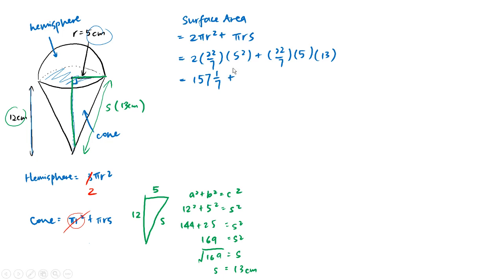Okay, and 22 over 7 times 5 times 13 equals to 204 and 2 over 7. OK, 把这两个加起来，equals to 361 and 3/7. Okay, remember unit cm square.